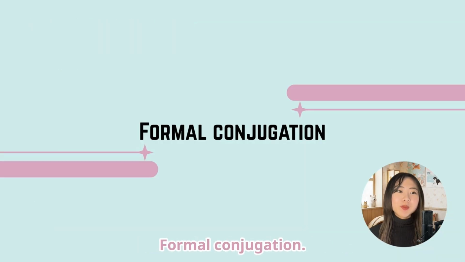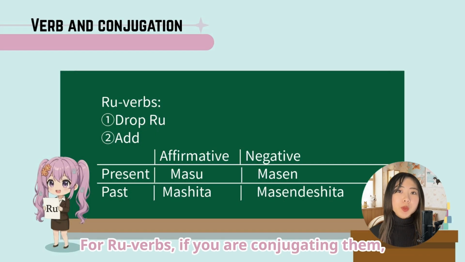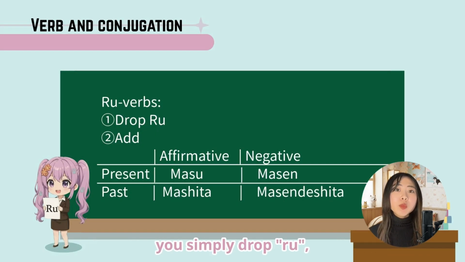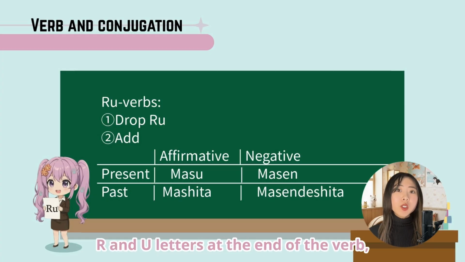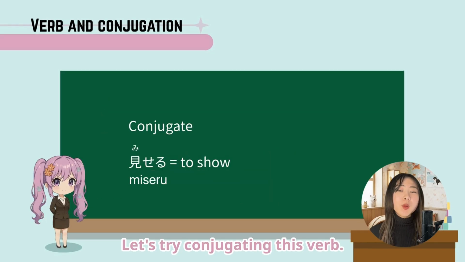Formal conjugation. Now let's talk about the formal conjugation rule. For root verbs, if you are conjugating them, you simply drop the ru at the end of the verb, and then you add masu, masen for present tense, mashita, masen deshita for the past tense. Let's try conjugating this verb. 見せる means to show.